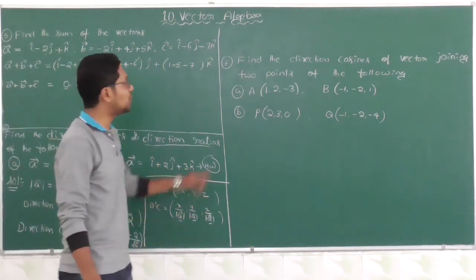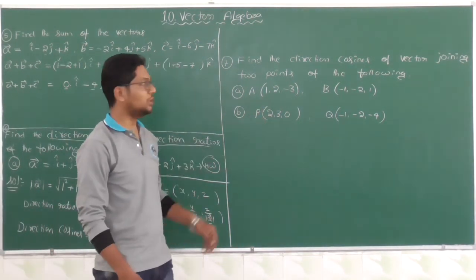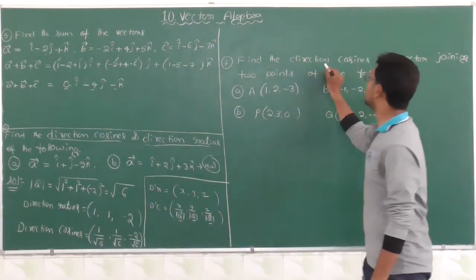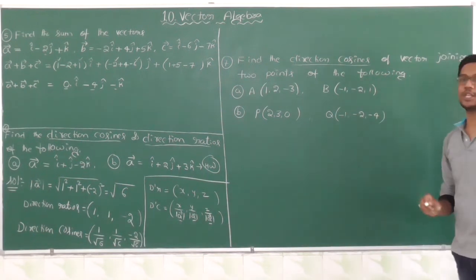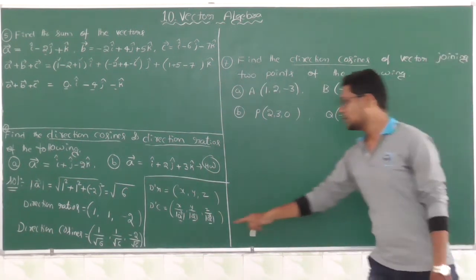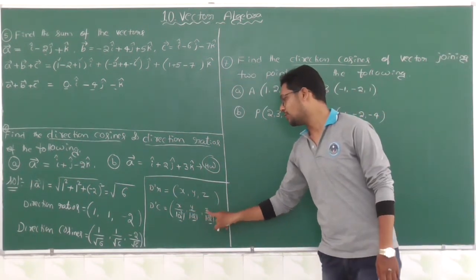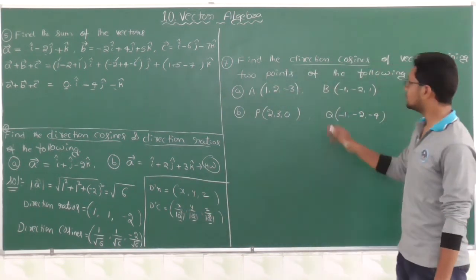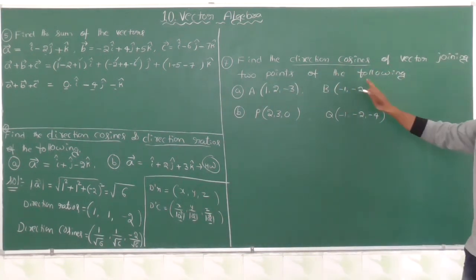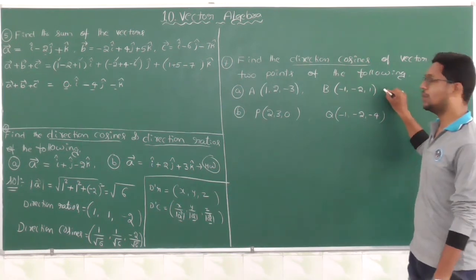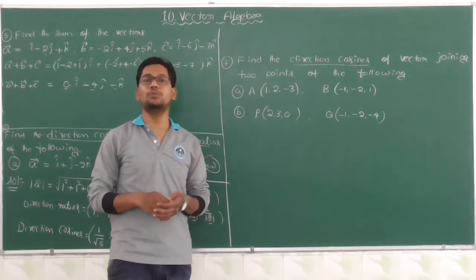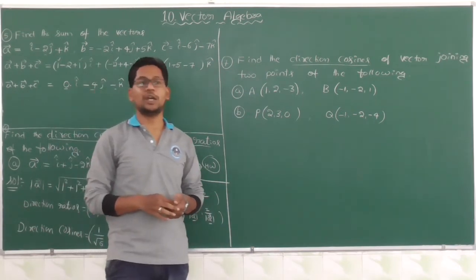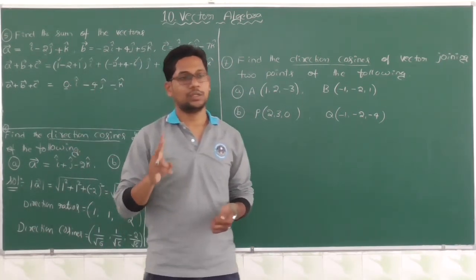Now, let's move on to the seventh question. Here also, find the direction cosines. Direction cosines are x1 by magnitude of A, y1 by magnitude of A, z1 by magnitude of A. Find the direction cosines of the vector joining two points. In the previous class, I told you two things about the vector joining two points.